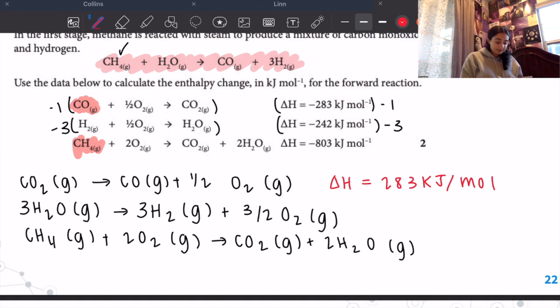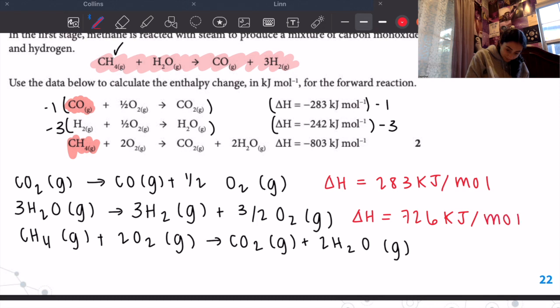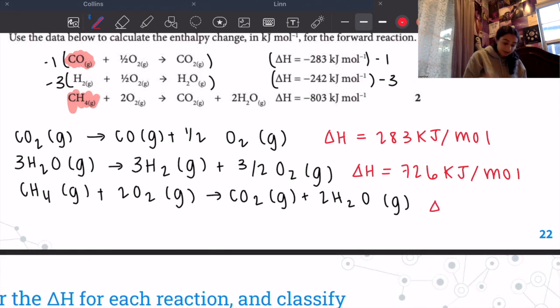Our second one is going to be -242 times -3, so 726 kilojoules per mole. And our third one we didn't do anything to, so I'm going to keep it as -803 kilojoules per mole.